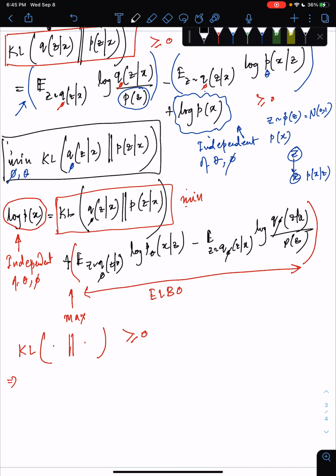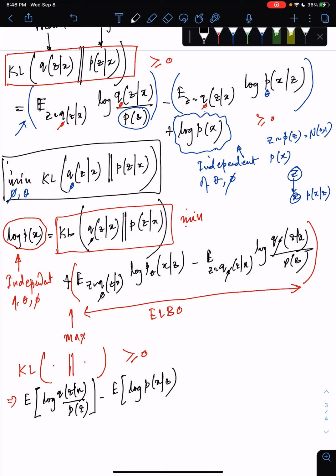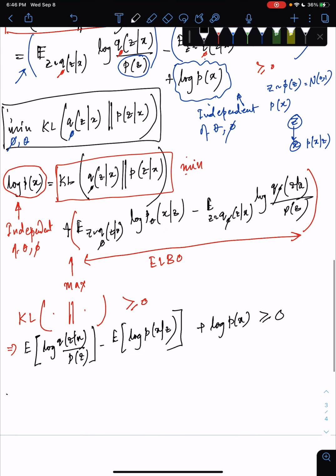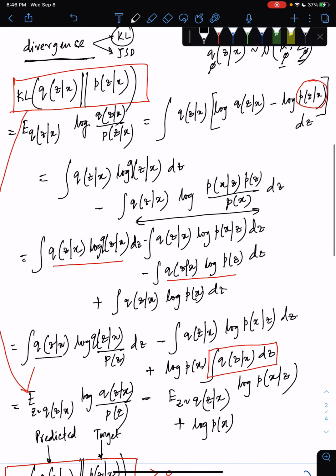If I write this, the expectation of log q z given x over p z, minus the expectation of log p x given z, plus log p x, is also greater than or equal to 0, which means that log p of x is greater than or equal to the expectation of log p x given z minus the expectation of log q z given x over p z.